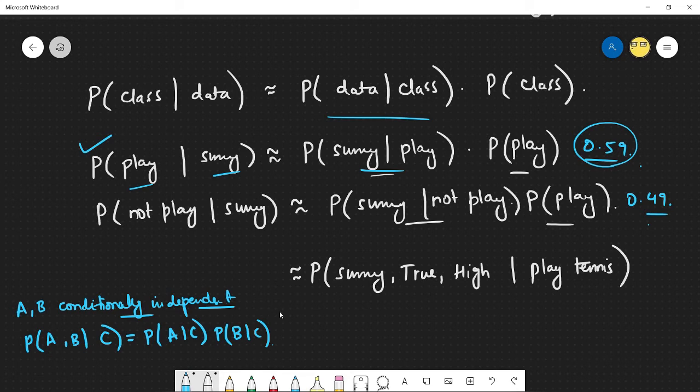And so now, using this notion that all of the outlooks, the temperatures, the humidities, and the windies are independent of each other, we can easily compute the probability of playing and not playing.